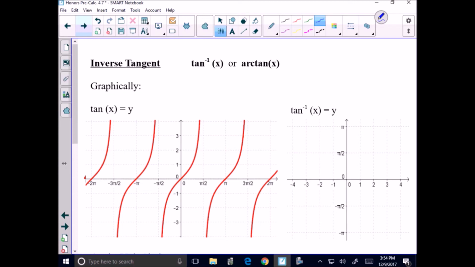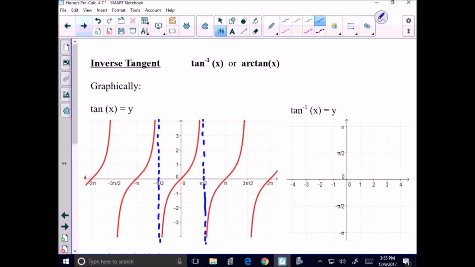And right here, what we need to do now is figure out what the smallest interval of the domain would be that would generate all of the outputs of tangent. And right here, what we can say is that if we cut the graph of tangent from negative pi over 2 to positive pi over 2, we get basically all of the outputs for tangent.